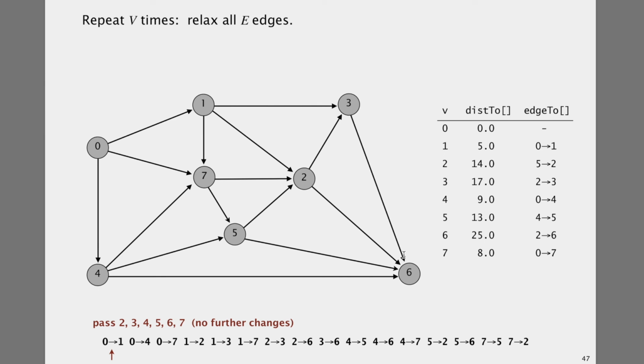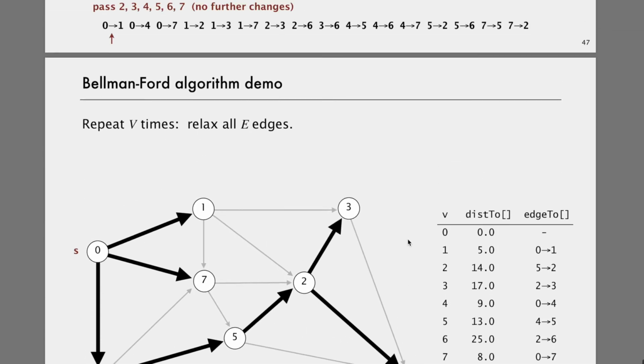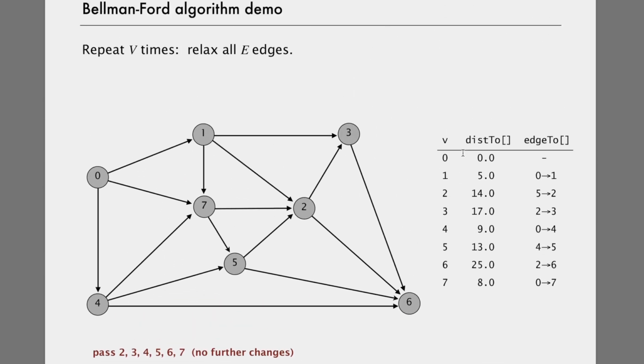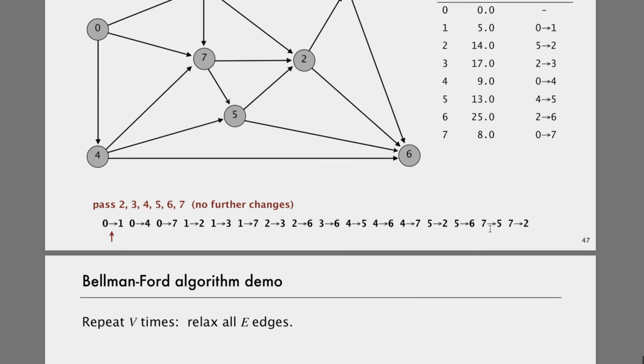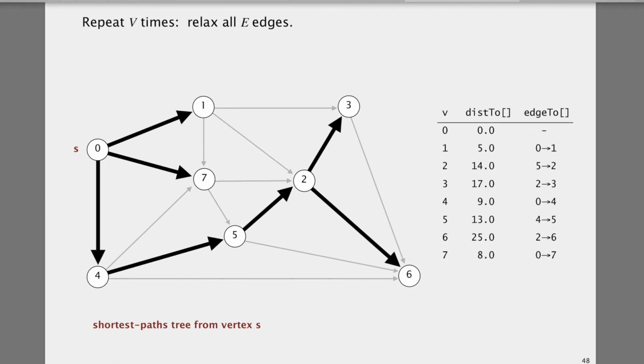And then finally we finished with the passes. First pass, and then nothing changed in the second, third, fourth, fifth, and seventh passes. It means that we already have this table. This is all about Bellman-Ford.